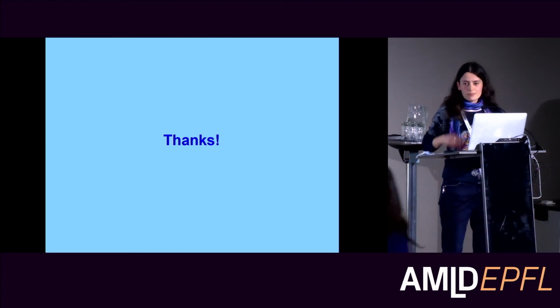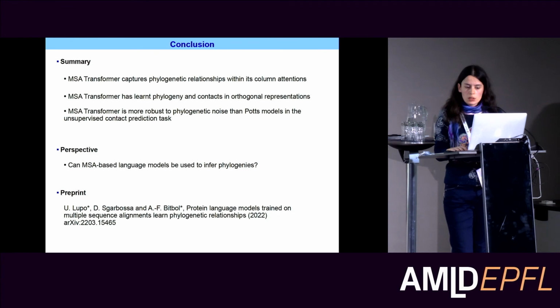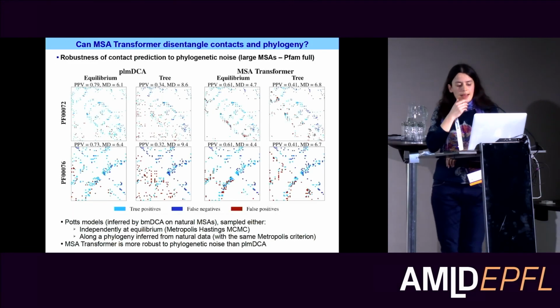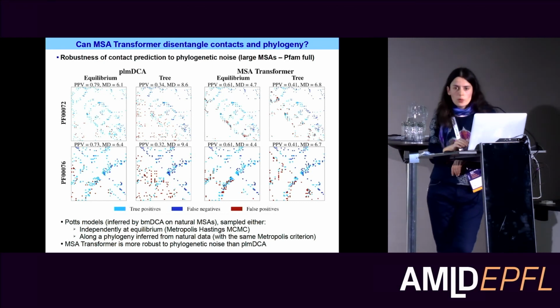Over there. Thank you for the talk. Did you try to mix the two models, by the way? So in the last, using the POTS sort of constraints? Sorry, to mix the POTS model with the MSA Transformer. So, using in the loss of the MSA Transformer the POTS conditions, but the free one, not the two-one.